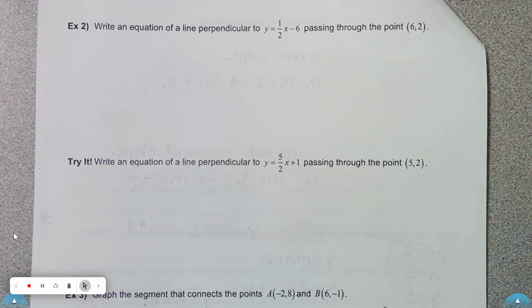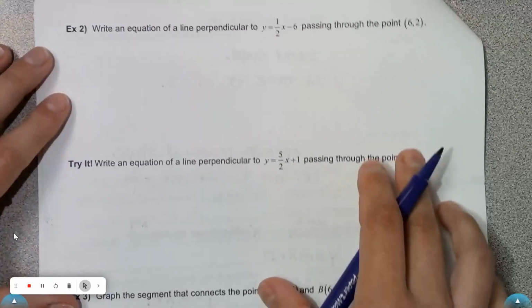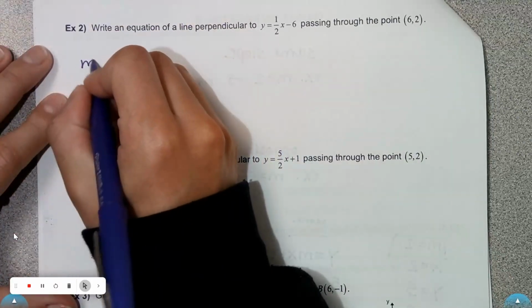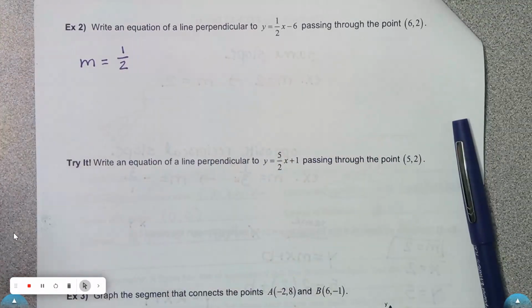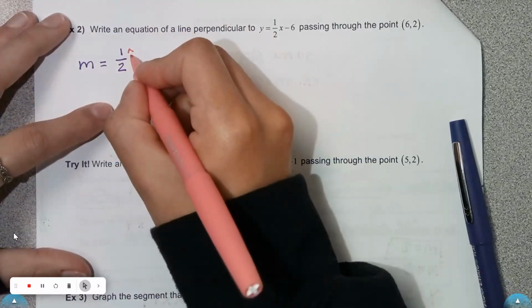All right, if it's perpendicular, you have to flip and you have to switch, right? So it's opposite reciprocals. So first, identify what your slope is. So my slope is this 1/2, right? It's the number in front of the x. So I'm going to write m equals 1/2. Okay, then from here, I am going to make my changes as needed. So I have to flip these.